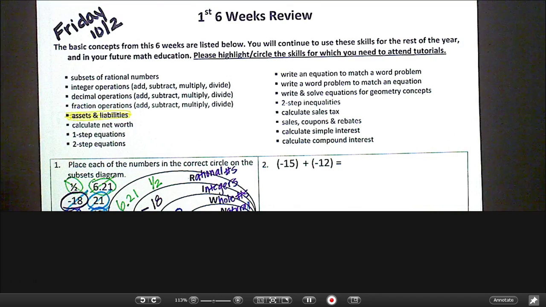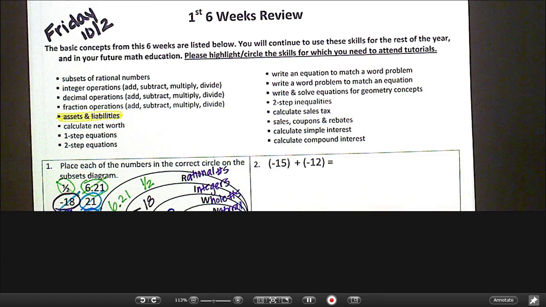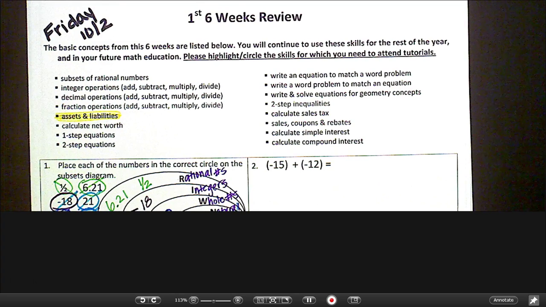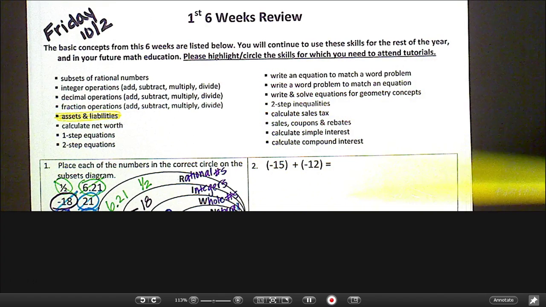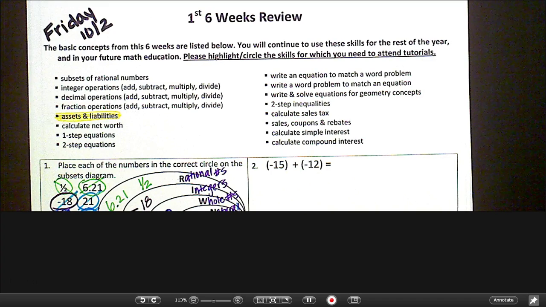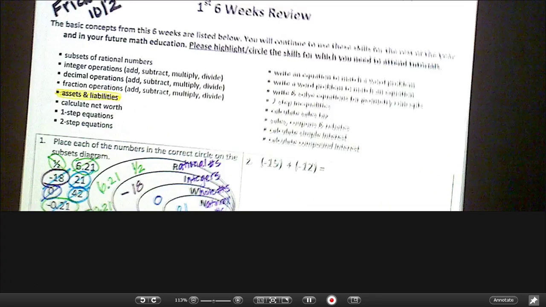So I need to go to tutoring on Monday, because it's Friday today, and I want to get help with these things that I highlighted. I can talk to Miss Cindy, Miss Holiday, or another teacher. So if you have anything highlighted, we need to get that taken care of quick. Please make sure if you're having trouble, highlight it.